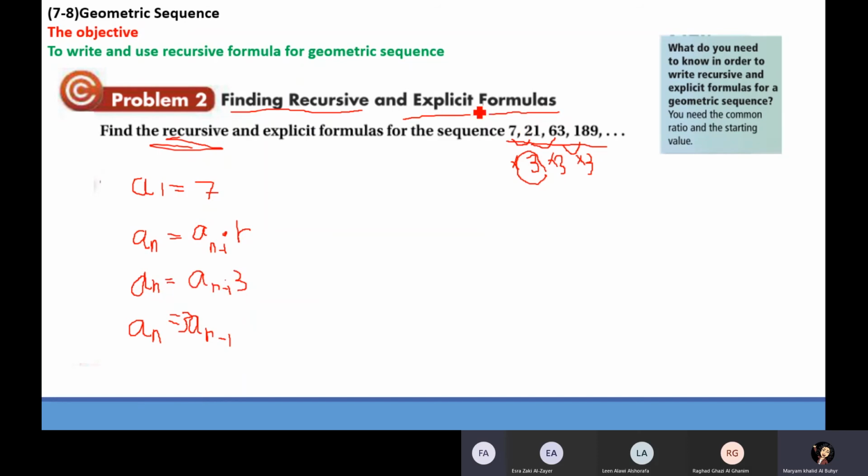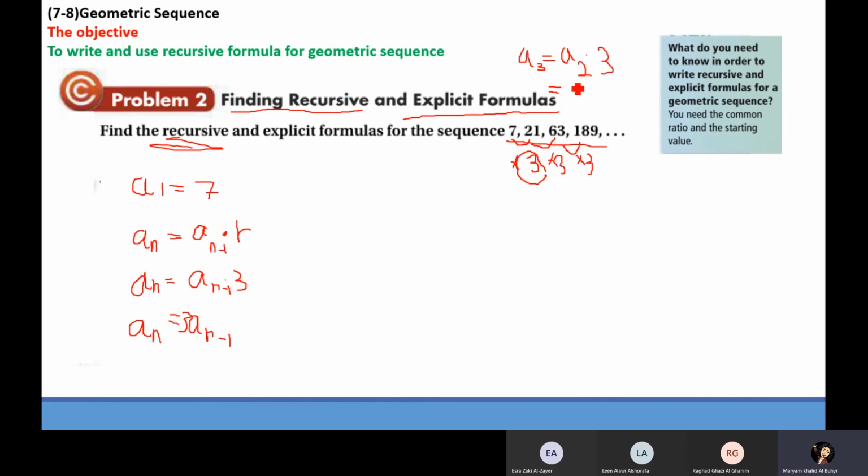Term 2 equals term 1 times the common ratio, and then you will find 21, and so on. Term 3 equals term 2 times the common ratio, which is r.